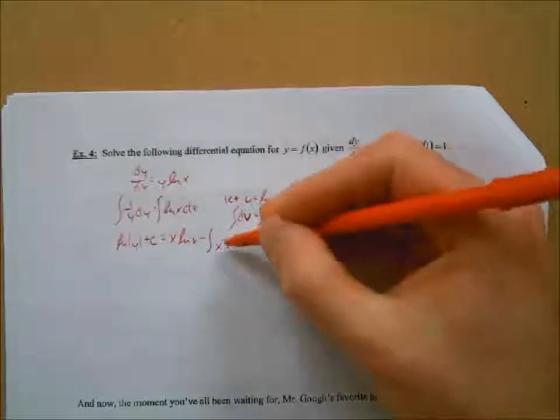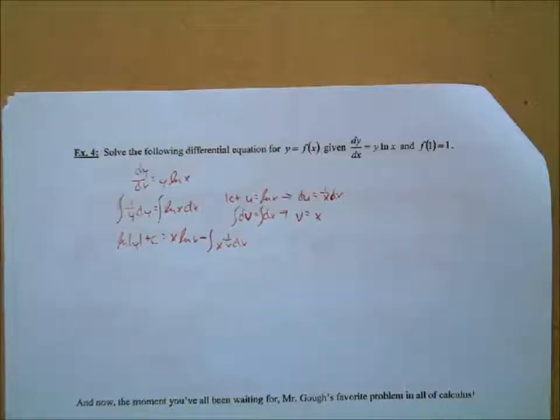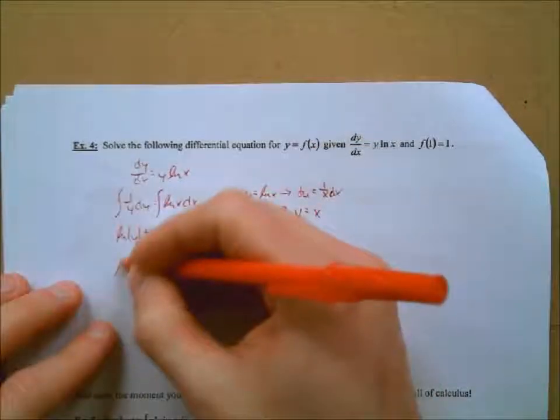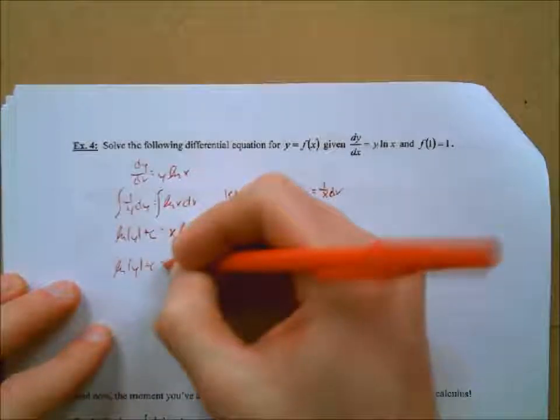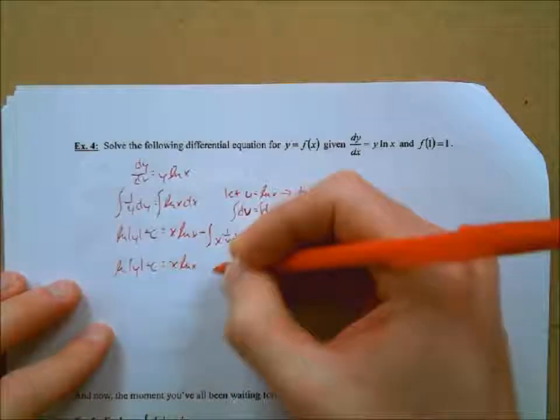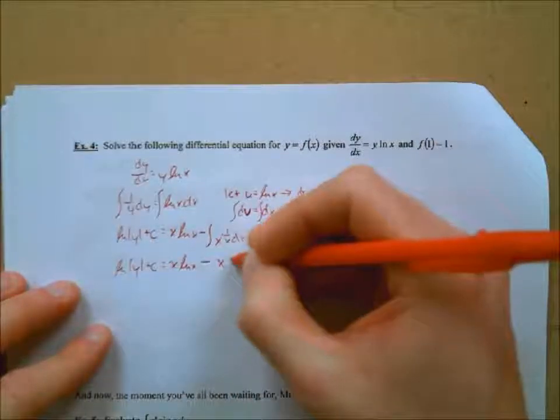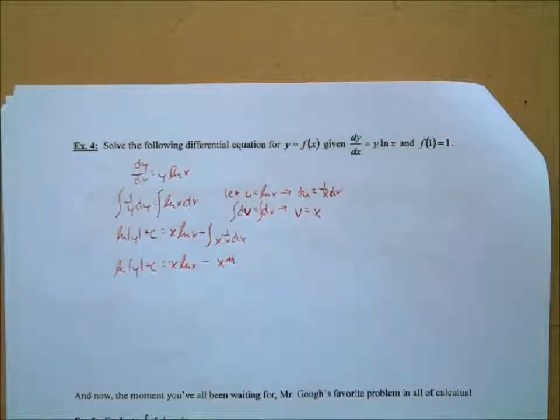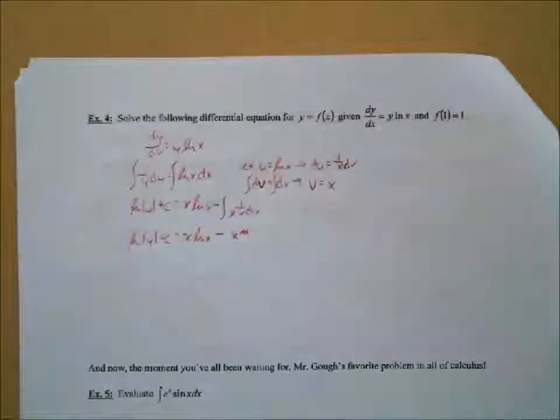So x times the 1 over x simplifies to just what? 1, right? And we're going to integrate 1, and so that's just going to be x. And so we end up with the natural log of the absolute value of y plus c equals x ln x minus x. And I don't have to put a plus c over there because we already have one, so never mind.